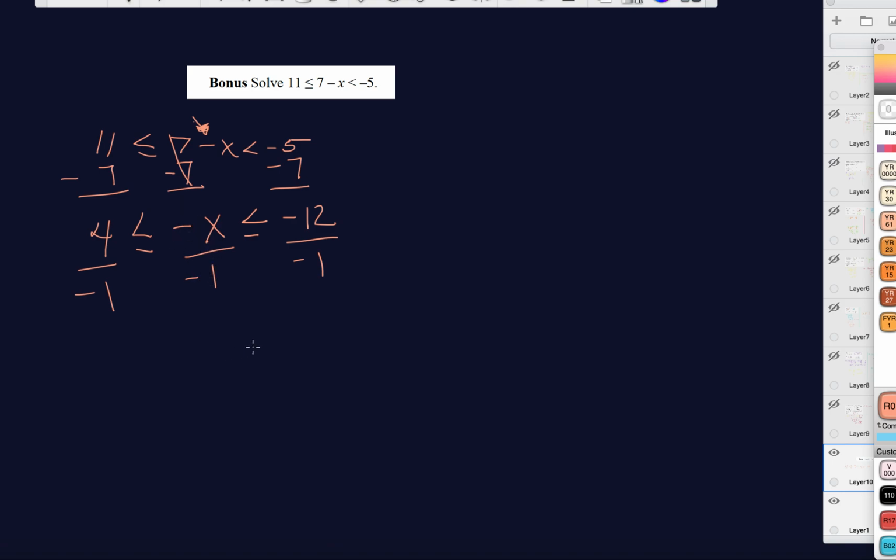Negative divided by a negative gives me a positive, right? 4 divided by negative 1 is negative 4. Negative 12 divided by negative 1 is positive 12. Now, what is the rule? I have divided by a negative across inequalities. So this inequality symbol changes around.